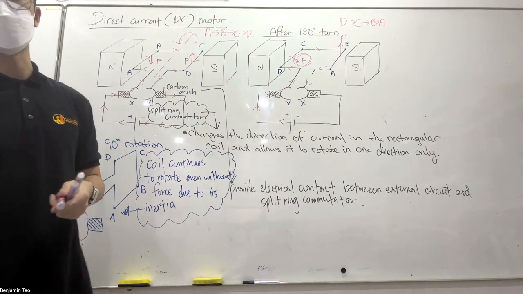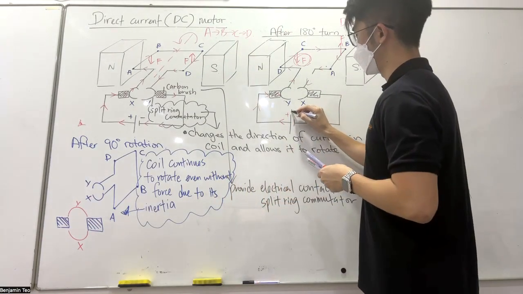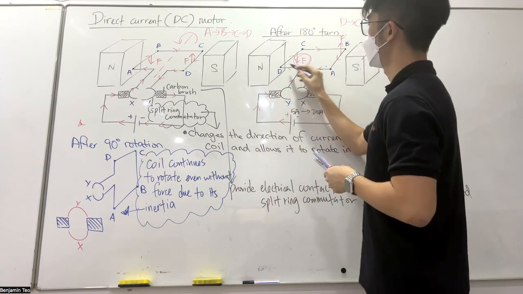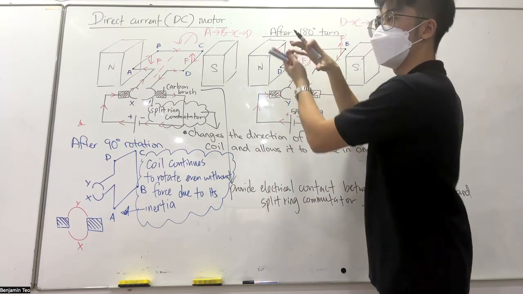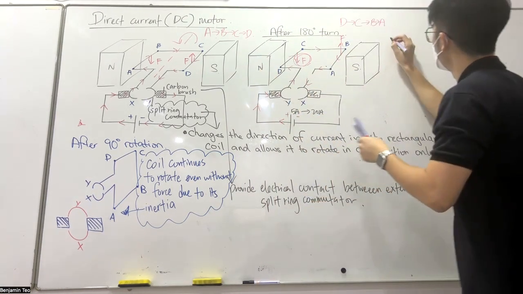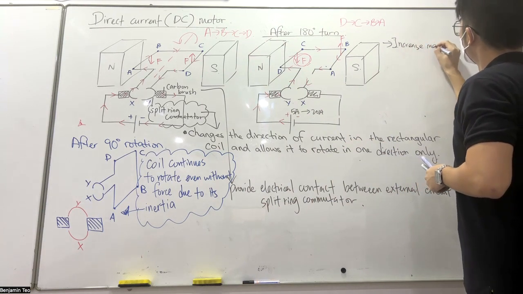If your battery is stronger, say 5 amps versus 20 amps, stronger current, stronger magnetic field, stronger force produced. So increase the magnitude of current.